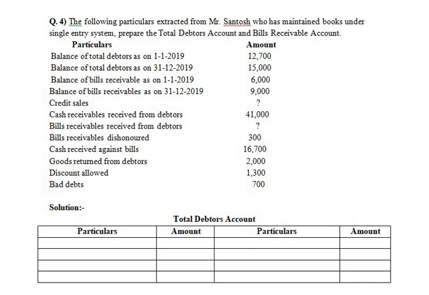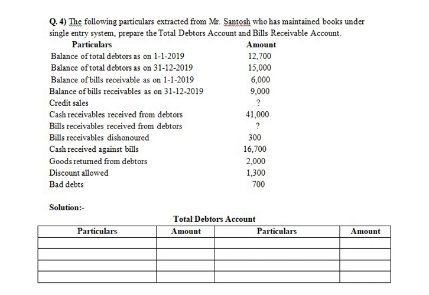Pay attention. The following particulars are extracted from Mr. Santosh, who has maintained books under single entry system. Prepare total debtors account and bills receivable account. Now this is the question. Balance of total debtors as on 1/1/2019 is 12,700.